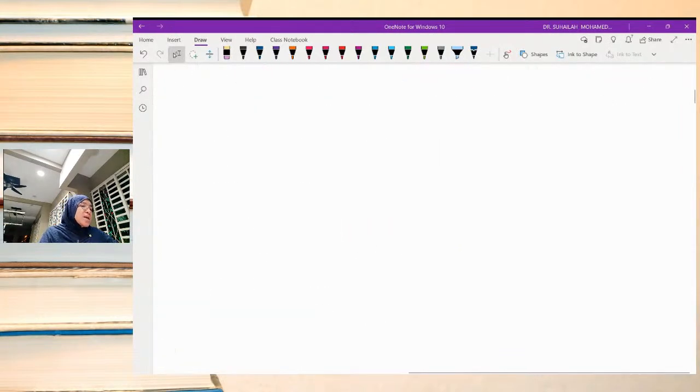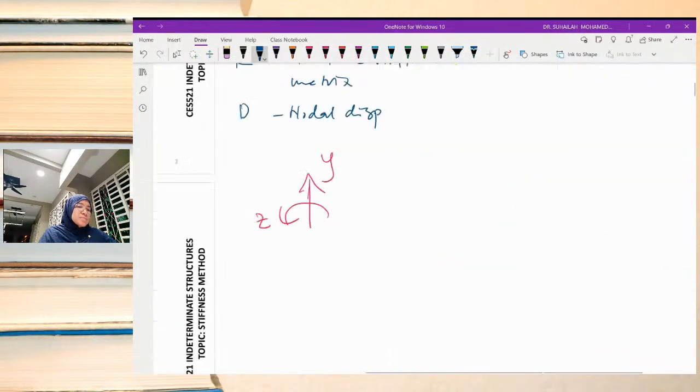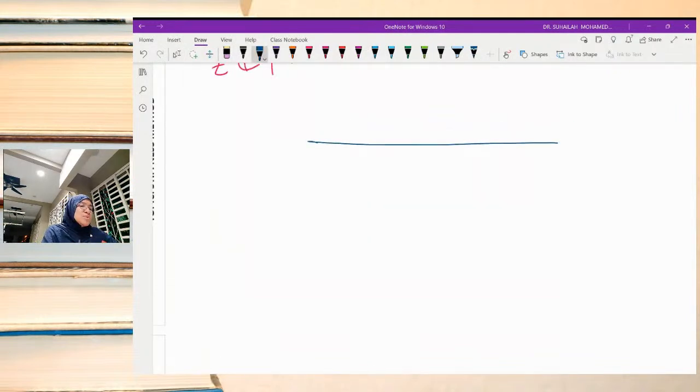Okay, let's say I redraw the diagram. Okay, this is the diagram. Just look at this diagram conventionally: UDL, point load, roller. This is an indeterminate beam.